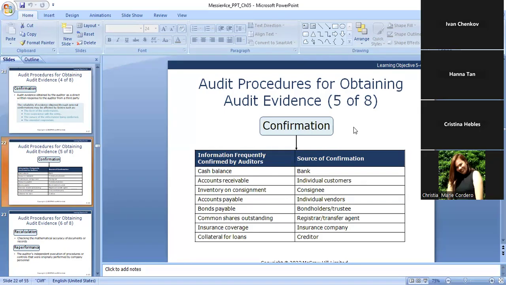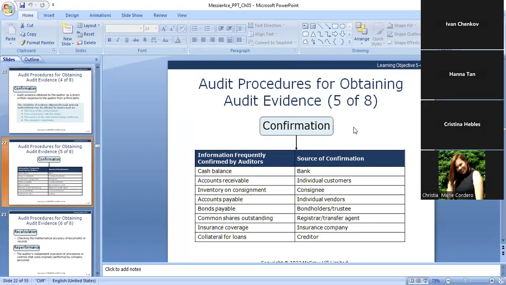So, confirmation. Let's go with the information frequently confirmed by the auditor and the source of the confirmation. If I want to check the cash balance or the bank balance, you're going to go to the bank. If you want to confirm the accounts receivable, you're going to go to the customers, and they're going to send the letter directly to you, not to the client that you're doing the audit for.